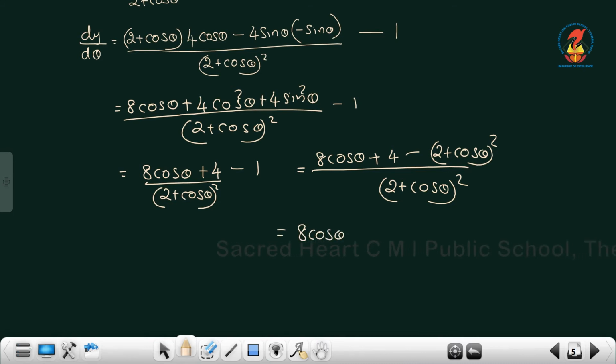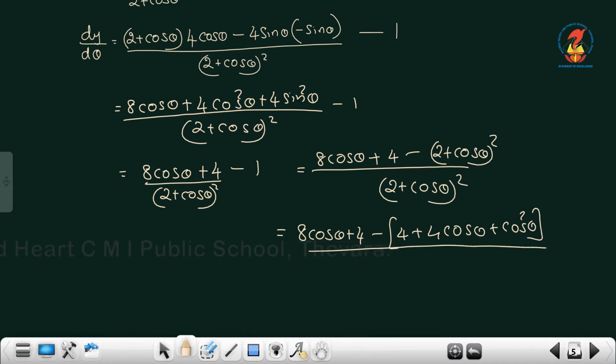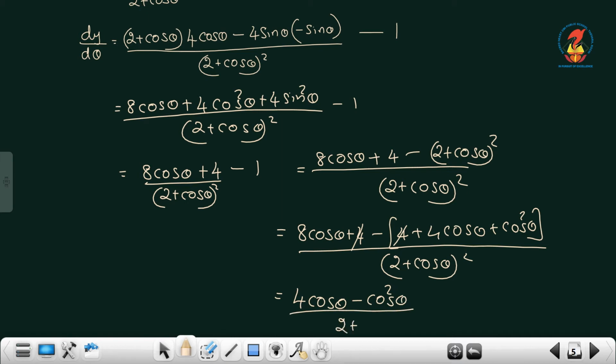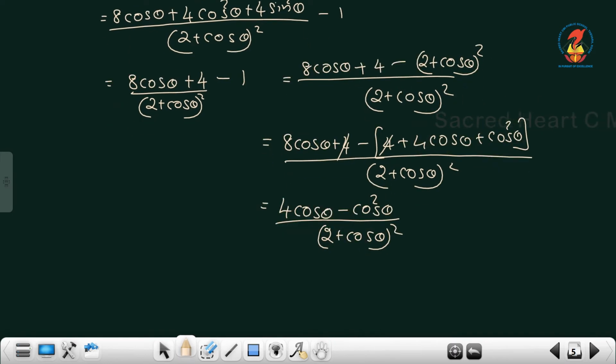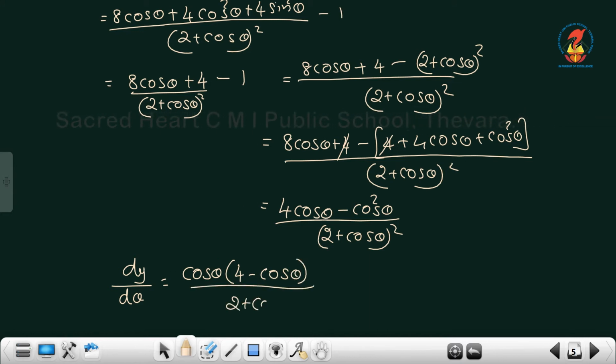So 8 cos theta plus 4 minus bracket 4 plus 4 cos theta plus cos square theta, by 2 plus cos theta whole square. 4 cancels. 8 cos theta minus 4 cos theta is 4 cos theta, minus cos square theta, by 2 plus cos theta whole square. Or we can write dy by d theta equals cos theta is common, cos theta into 4 minus cos theta by 2 plus cos theta whole square.